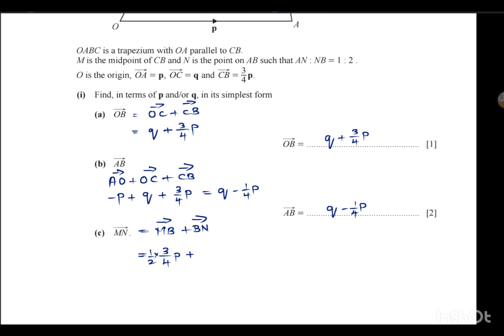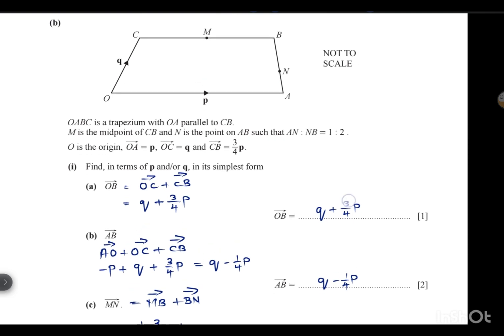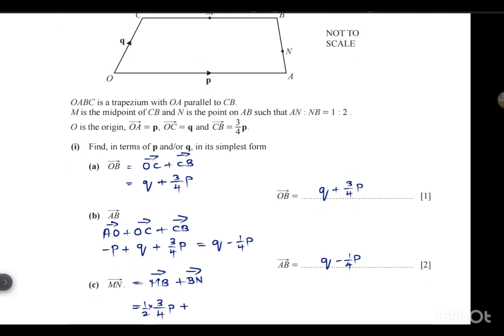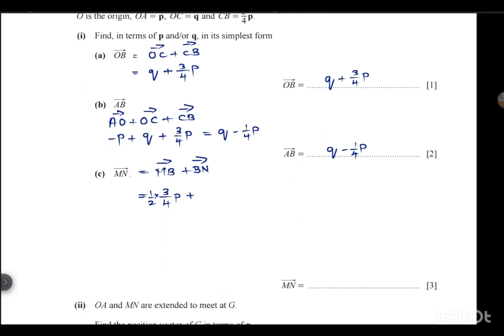Now BN is, when you see this ratio, AN is to NB is 1 is to 2. So BN is in the opposite direction. So it has to be two thirds of BA. BA is the opposite of AB, right? So it is to be multiplied by 2/3 of BA.